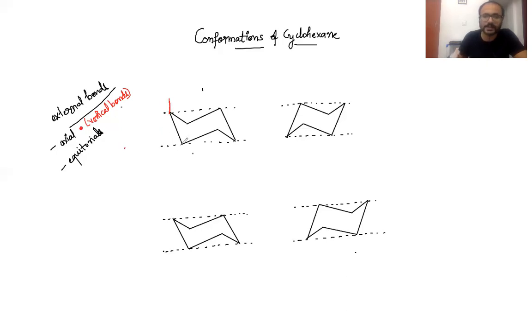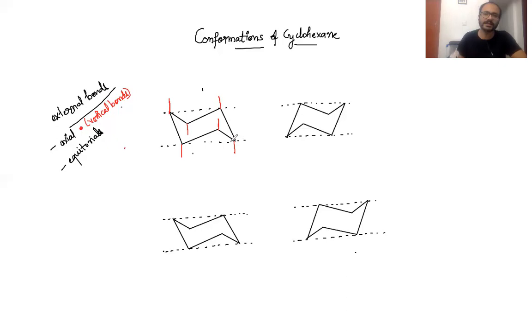Now coming to this particular carbon atom, the axial bond would be in the downward direction because this vertex is pointing in the downward direction. Similarly, at this point, it would be in the upward direction, at this point in the downward direction, this point again upward, this point again downward. So these are the 6 axial bonds that are there at each of these vertices.